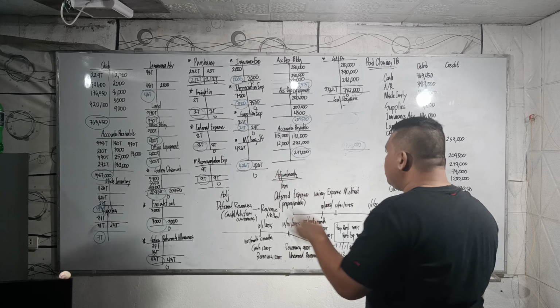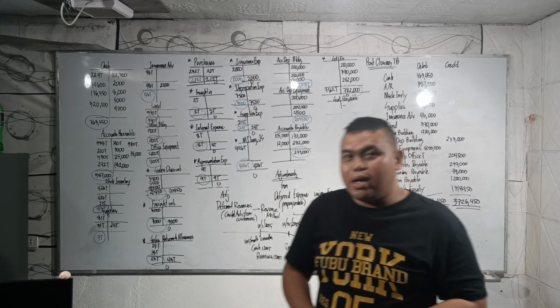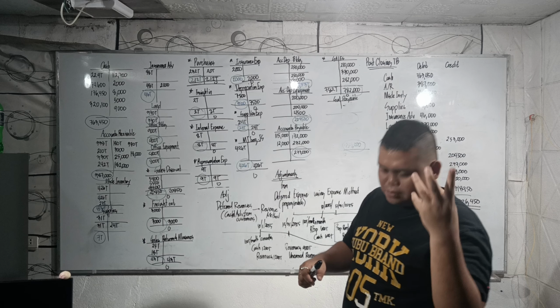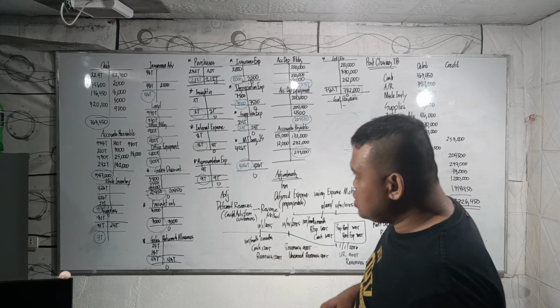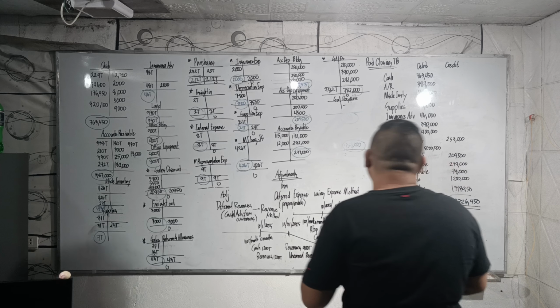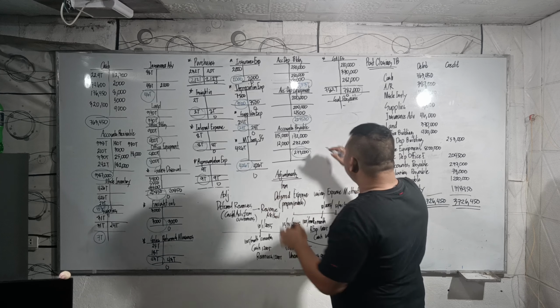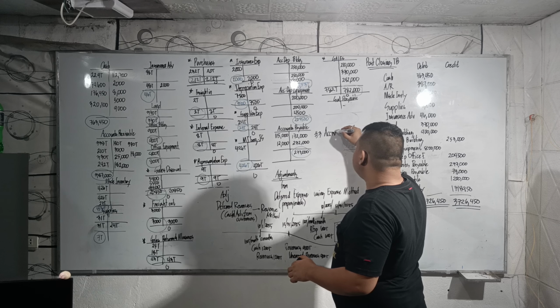And in our particular problem, let's go to our particular problem. Only one is to be reversed, and that is the reversing of the salaries, 73,000. That is number three to be reversed, the accrued expenses.